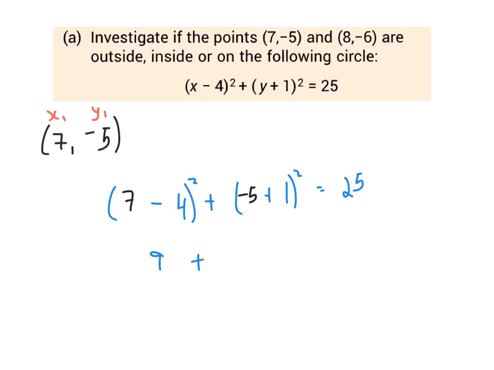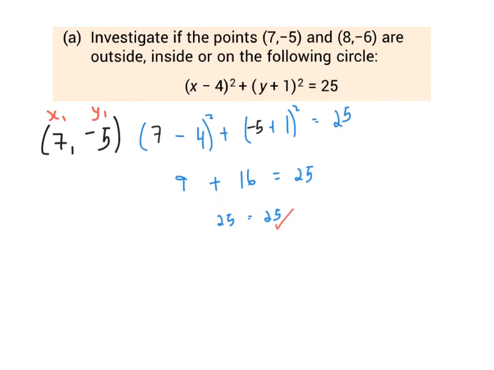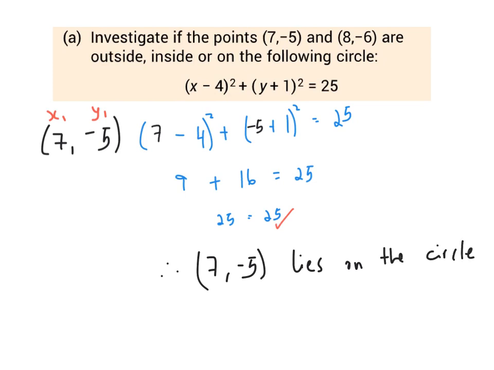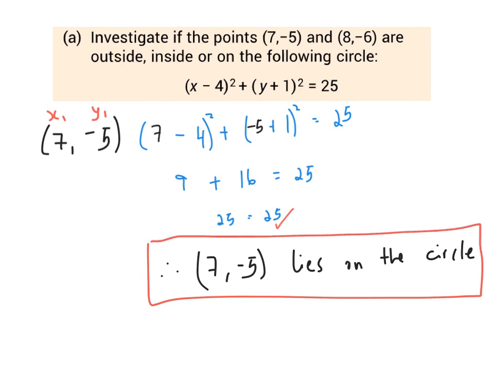Plus, minus 5 plus 1 is minus 4, and minus 4 squared is 16, equals 25. 9 plus 16 is 25, equals 25. That's true. So therefore 7 minus 5 lies on the circle. Okay, so that's our first one done. And that's how we show it.